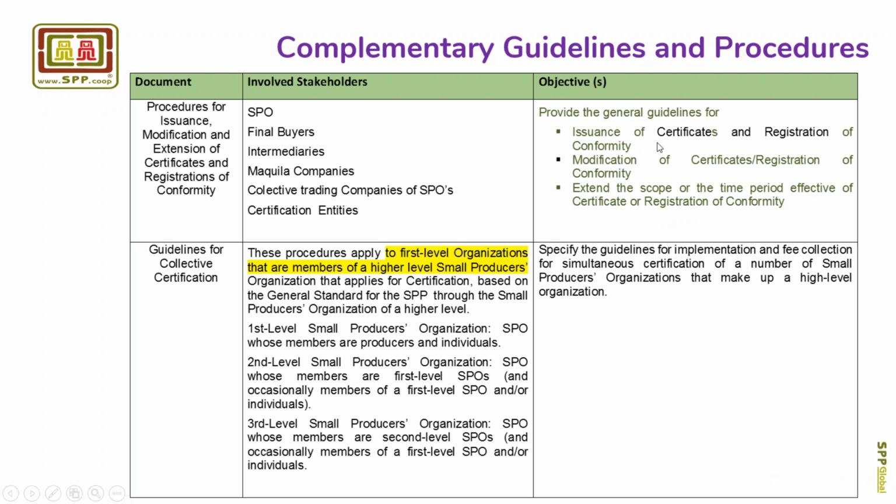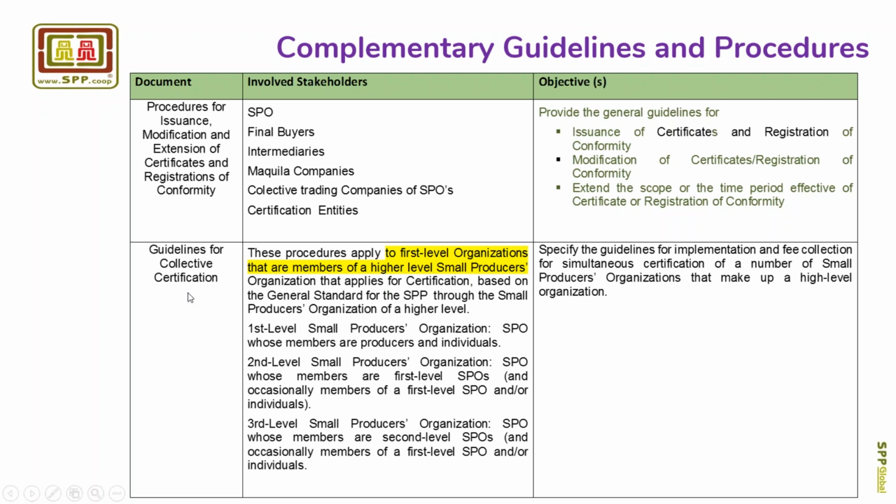The objectives are to provide the general guidelines for issuance of certificates and registration of conformity, modification of certificates and registrations of conformity, and extension of the scope or the time period of effectiveness of a certificate or registration of conformity.